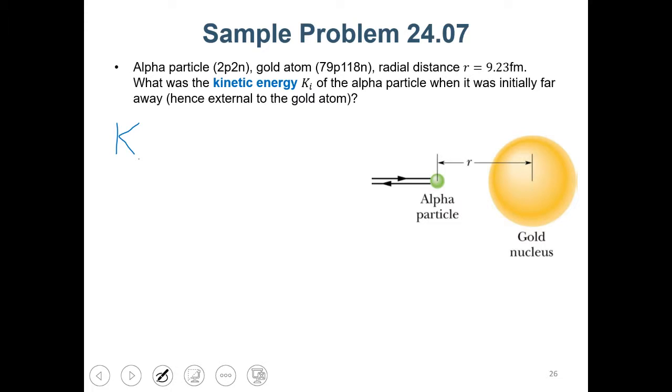So actually we have the conservation of mechanical energy: the initial kinetic energy and initial potential energy, and the final kinetic energy and final potential energy.